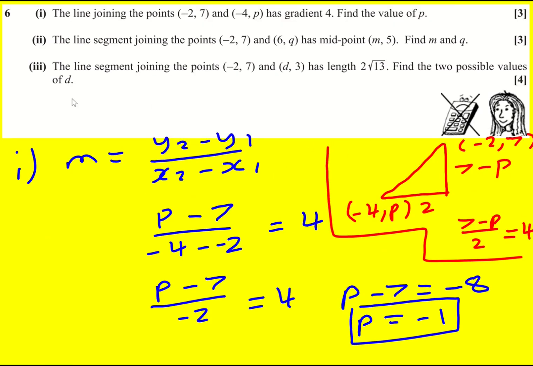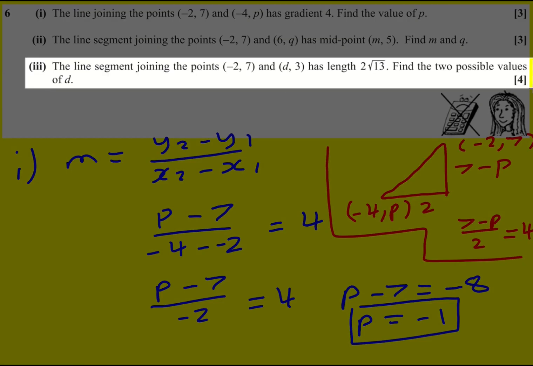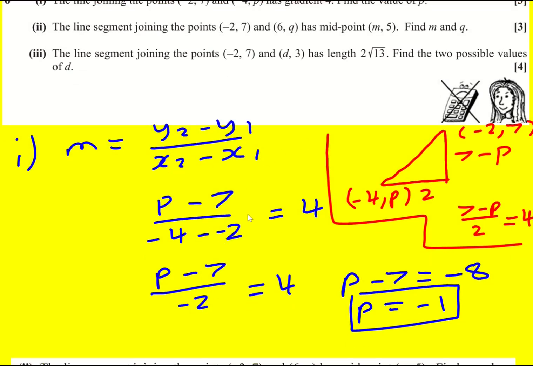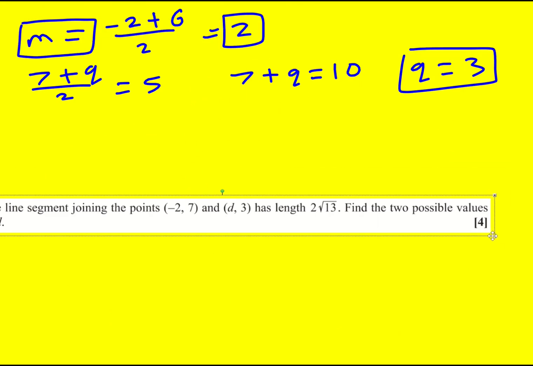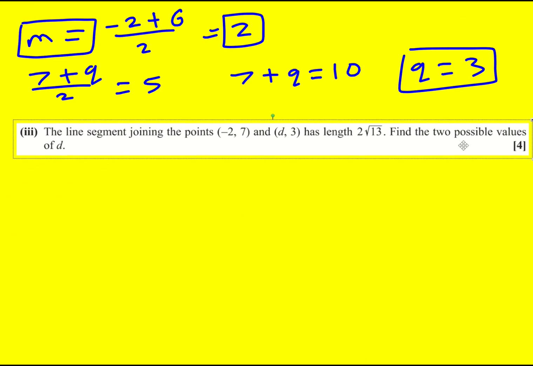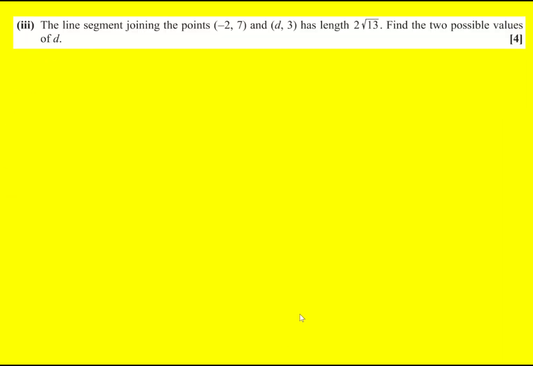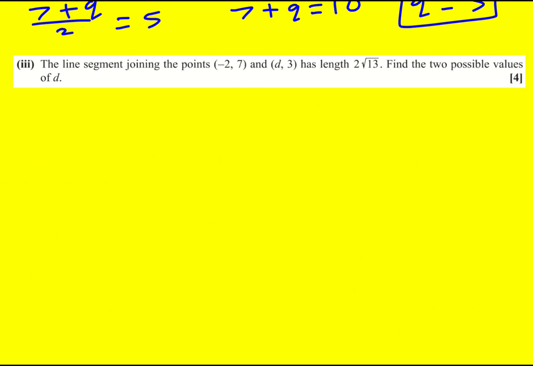Okay, last part of this question, we're looking at the length of a line segment. Right, to find the length of a line, normally we'll write it as x2 minus x1 squared plus y2 minus y1 squared, square rooted.